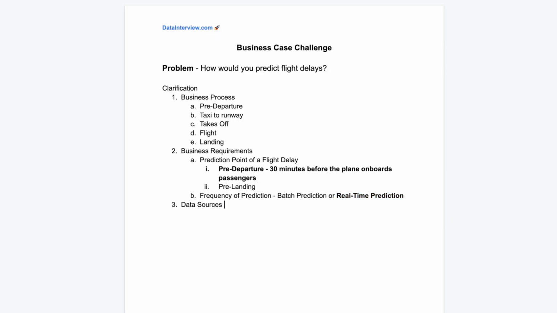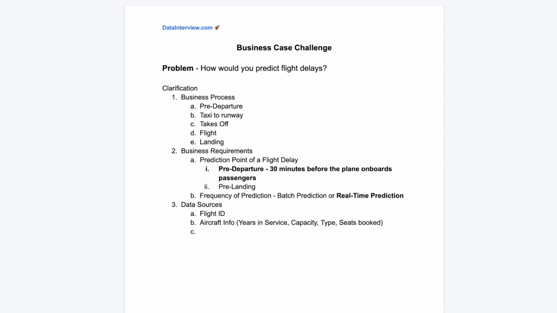And then the last thing I want to also clarify are the data sources that are available. And I would assume that I would have the following information. So I would assume that I would have signals like the flight ID, the aircraft info, such as the years in service, the capacity, the type of the aircraft, and the number of seats booked.